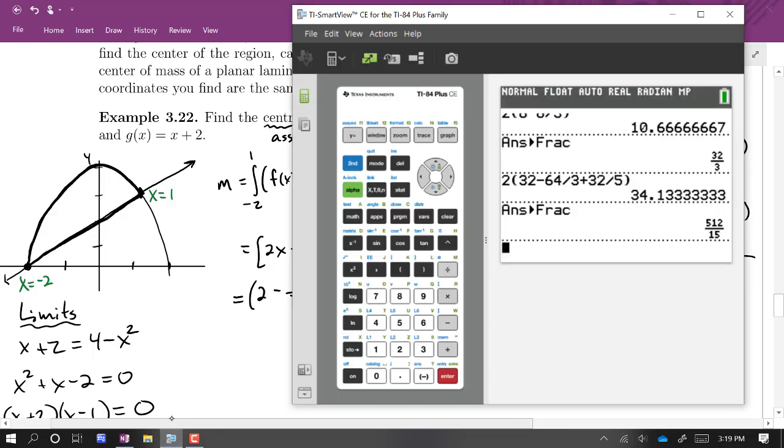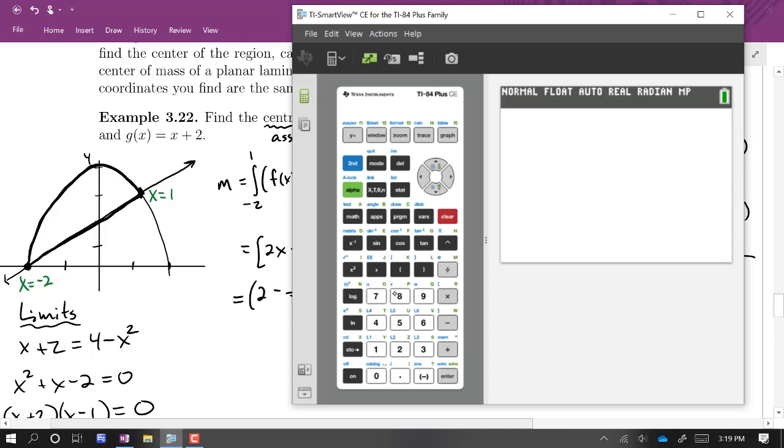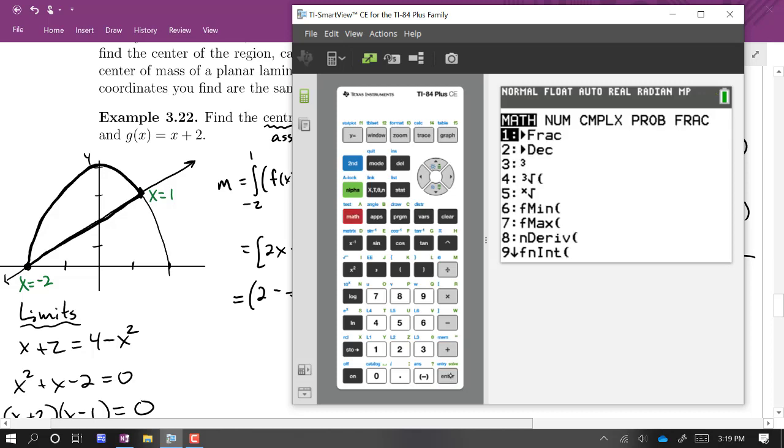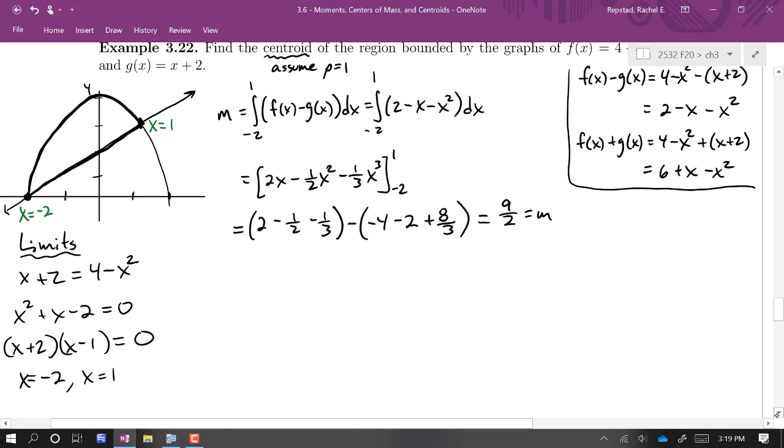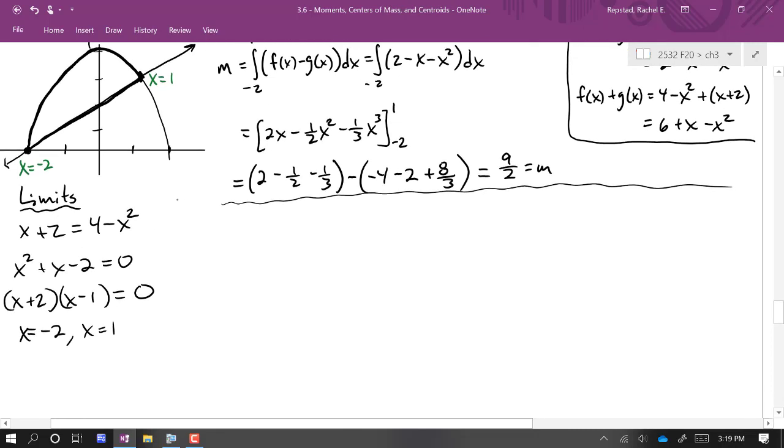And let's plug that in. We get 9 halves. All right, so there's one integral down, 2 more to go.